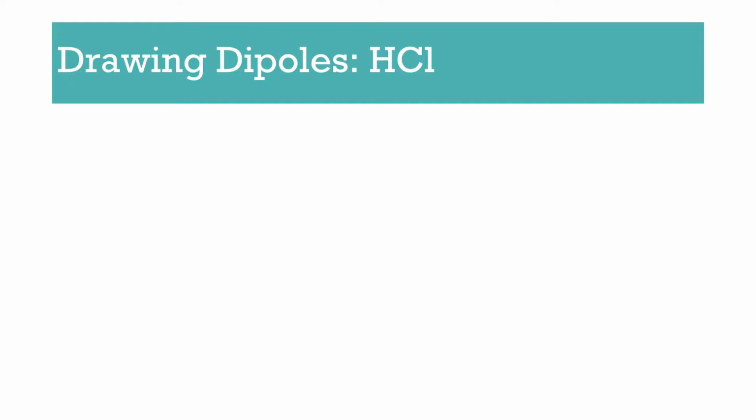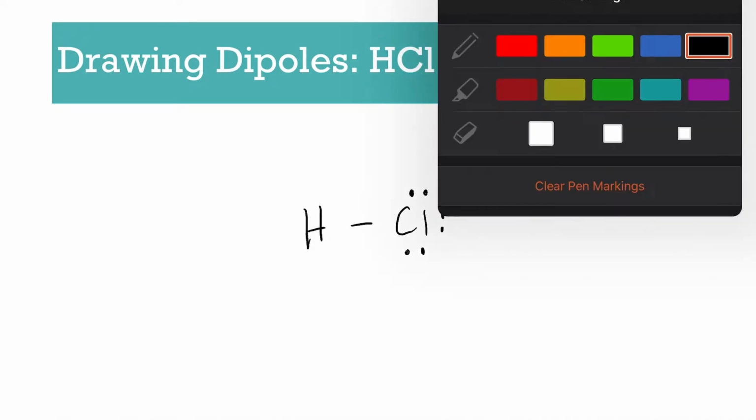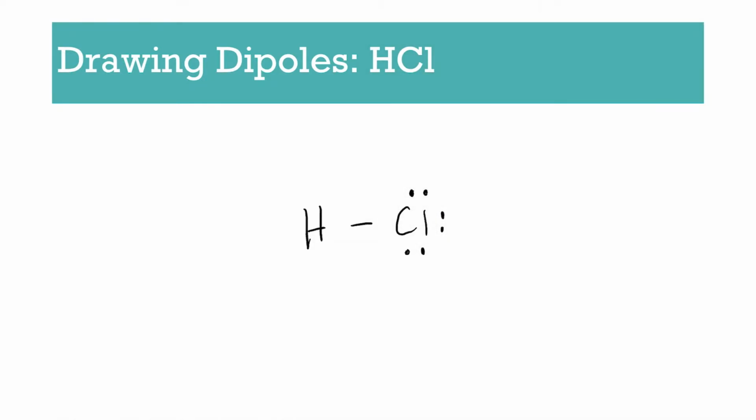So if we draw our dot diagram for HCl, I'm just going to draw the final product of the dot diagram. If you need to see all those steps, go back to those videos. But here's HCl. And we can see that chlorine has so many more electrons around it. So chlorine will be delta negative, and hydrogen will be delta positive.